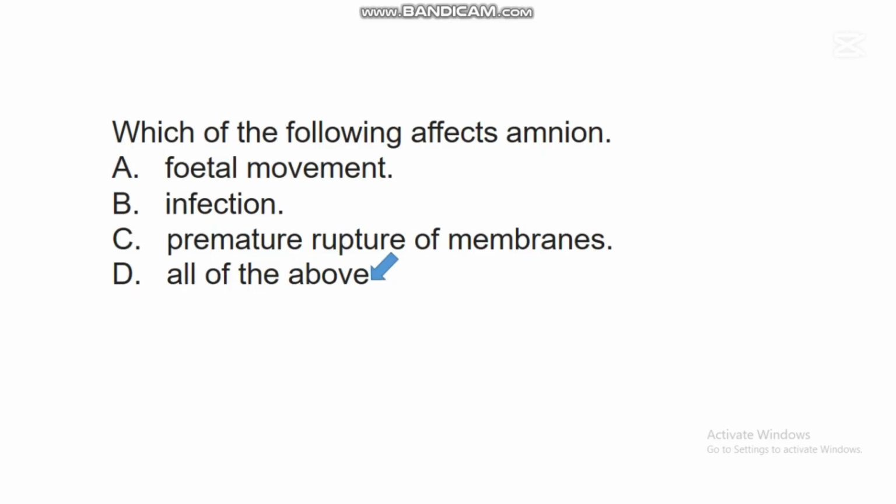So there are many factors that can affect the roles or the functions of amnion in a pregnant woman. The foetal movement, infection, premature rupture of membranes, etc. are different factors that affect the way amnion functions in a pregnant woman.